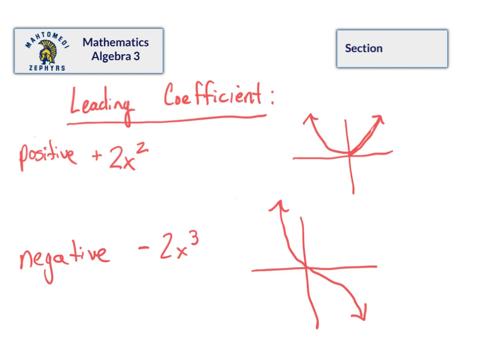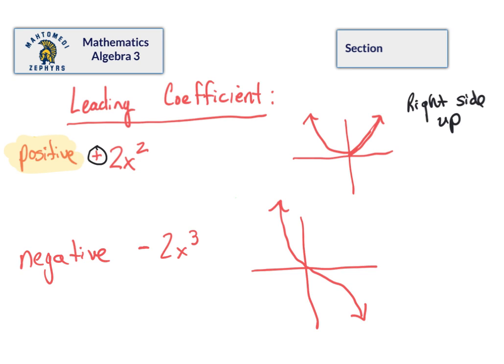If the leading coefficient is positive, let's say I'm graphing 2x squared, the 2 is positive, right? That will tell me that this graph on the right side will finish up.